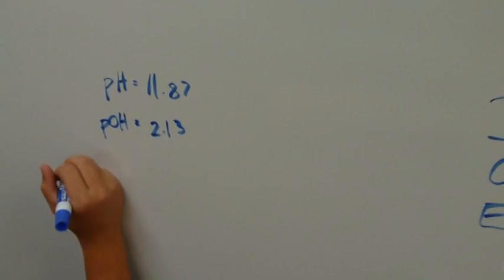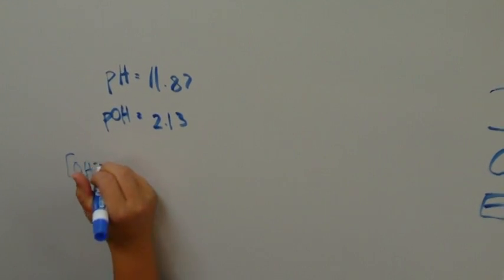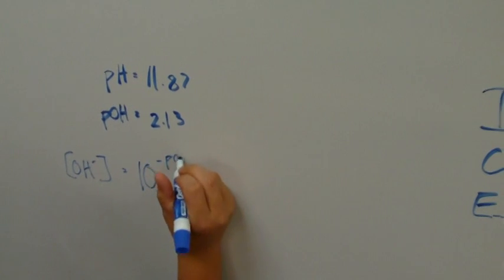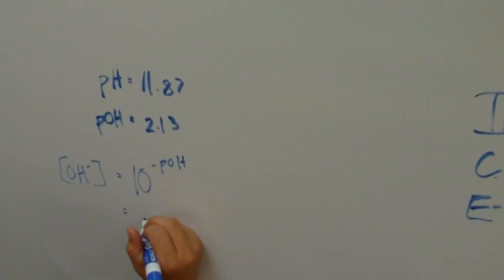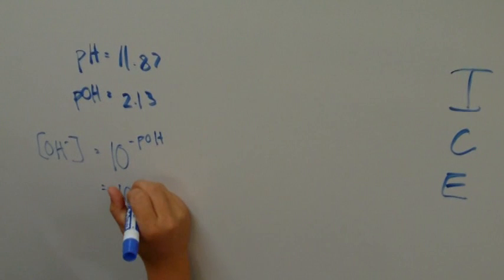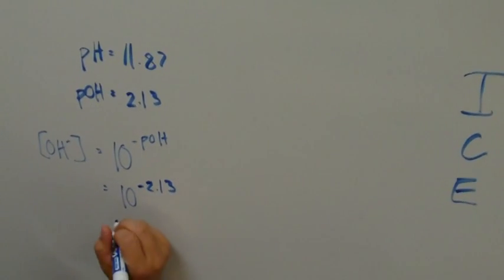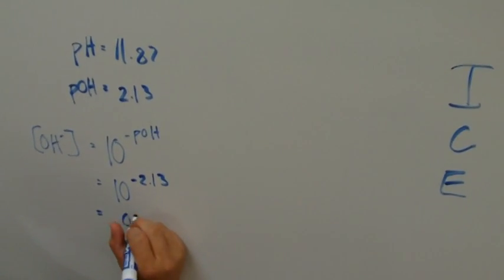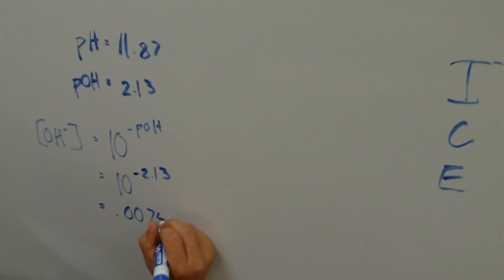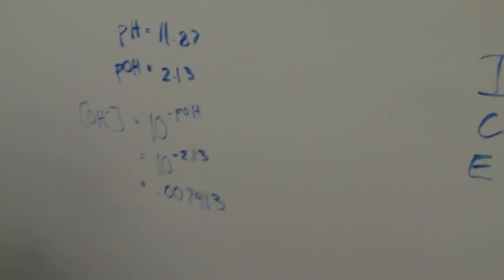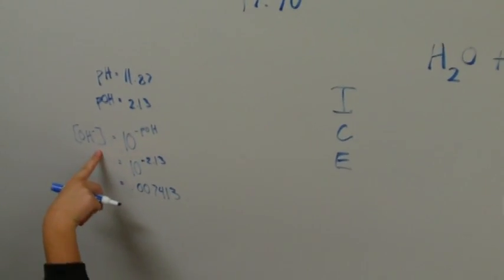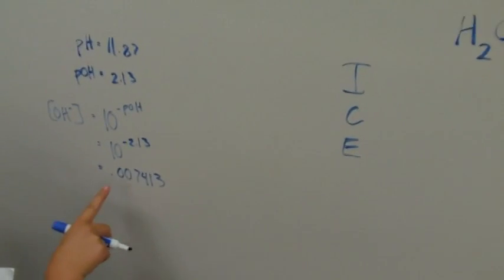We also know that OH minus is equal to 10 to the negative pOH. Plugging in 10 to the negative 2.13 equals 0.007413. And so that is our OH minus concentration, which is equal to X. Awesome.